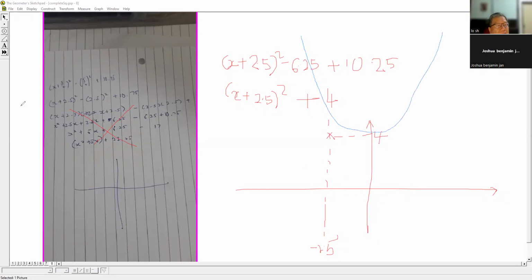Where will it cut the x-axis? Here. Okay, it'll be like this. U shape. So somewhere we will cut the x-axis.